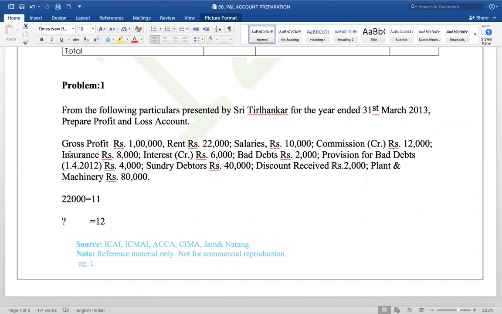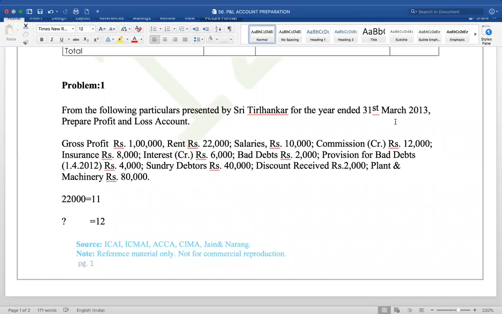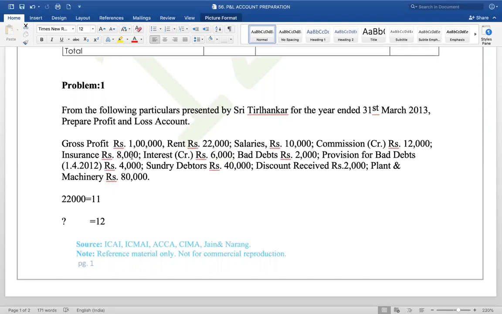The first item, gross profit 1 lakh, rent 22,000, salaries 10,000, commission 12,000, insurance 8,000, and interest credit balance 6,000, bad debts 2,000, provision for bad debts 4,000, sundry debtors 40,000, discount 2,000, and plant and machinery 80,000.